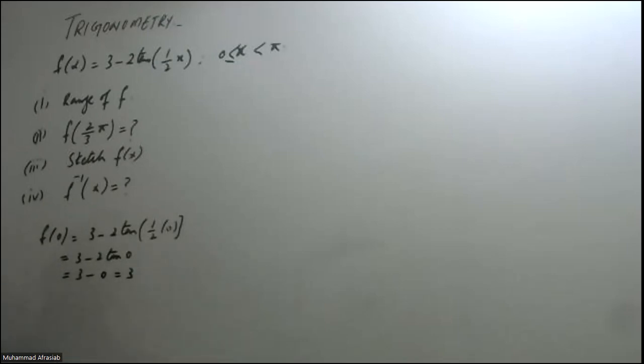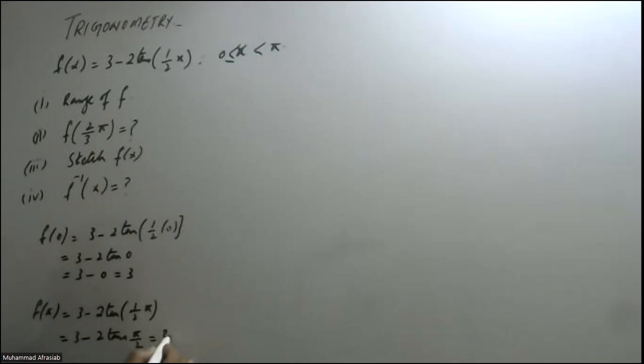Then we put the next value, which is pi. So f of pi is equal to 3 minus 2 tangent of half x, which is equal to 3 minus 2 tangent of pi by 2.